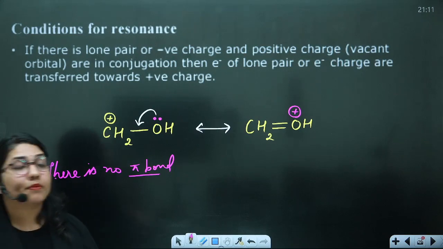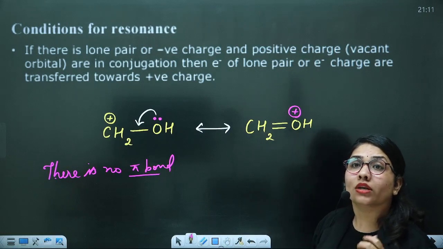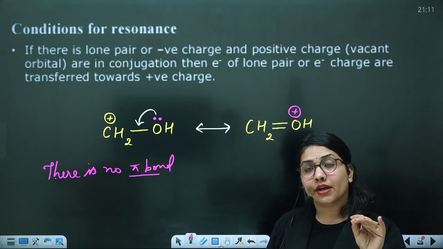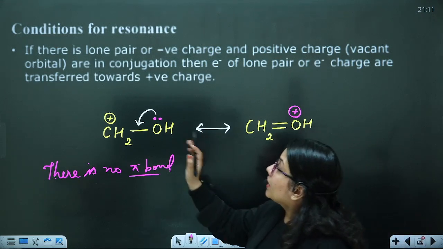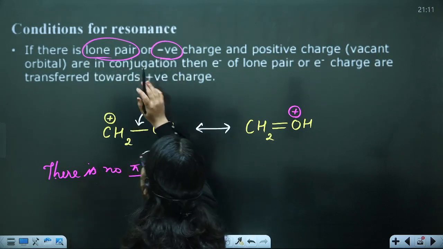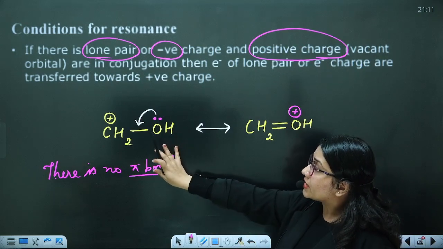So how does it happen? Because here two things are in conjugation, okay. What are these two things? It can be a negative charge or lone pair in conjugation with a positive charge, okay. Here you can see the lone pair or negative charge should be in conjugation with the positive charge.